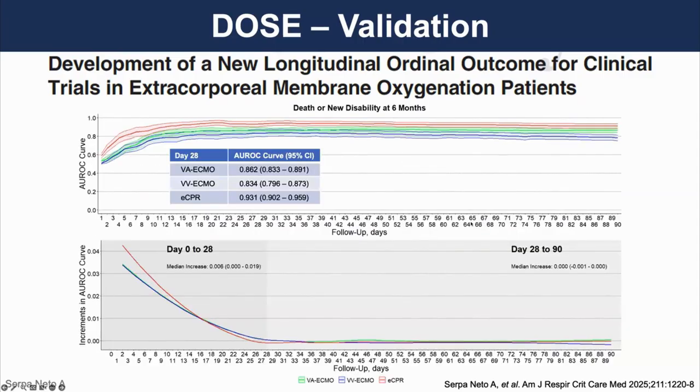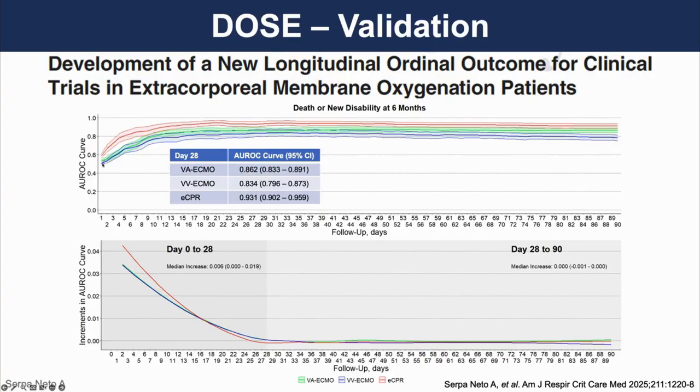Then the next question was, okay, very nice, dose is potentially good, but is it related with patient-centered outcomes? Is it related to something that is important for patients, for stakeholders, for physicians, for healthcare workers? So using death or new disability at 6 months as the gold standard, remember, this would be the original outcome of the trial, we started to investigate the predictive ability of dose on different days.